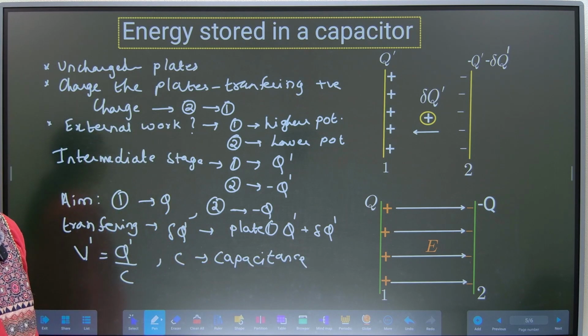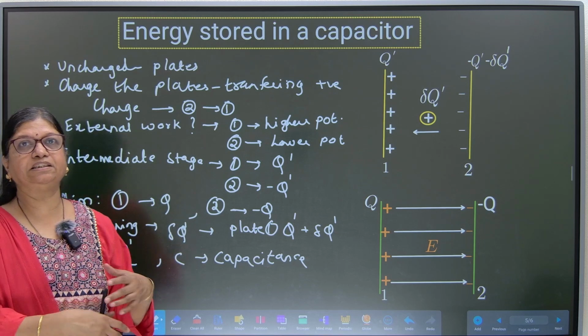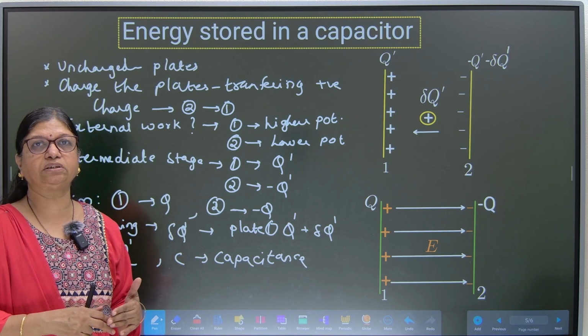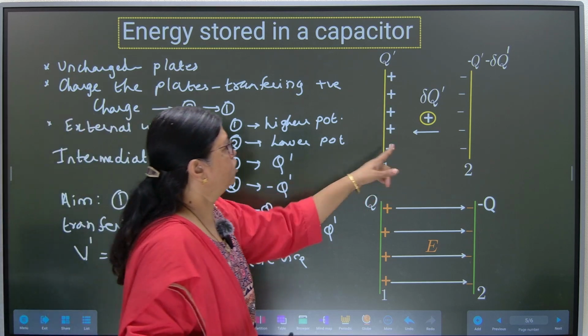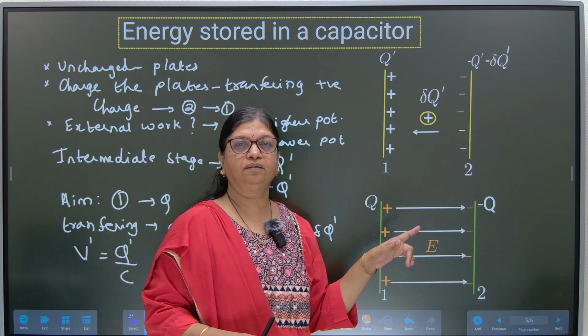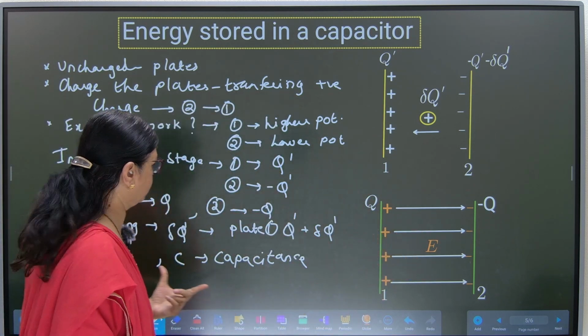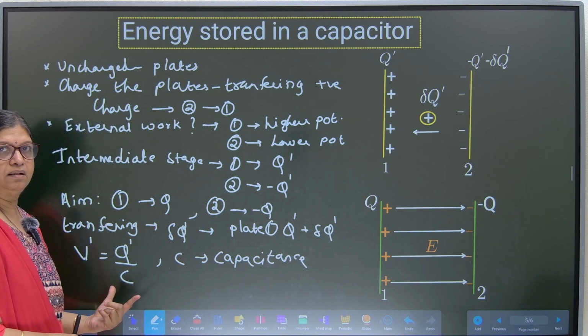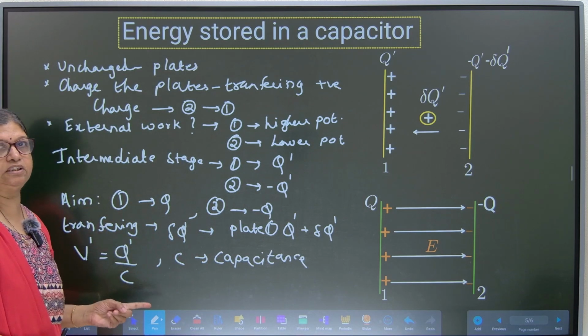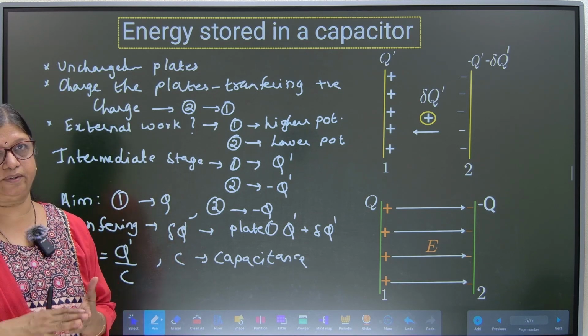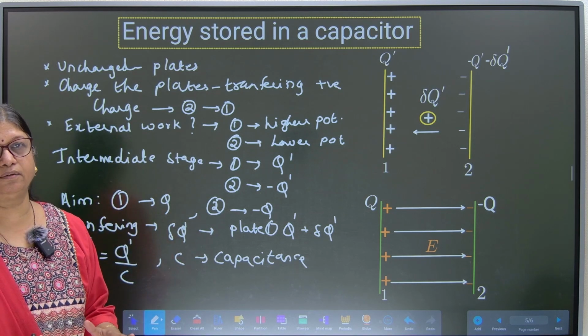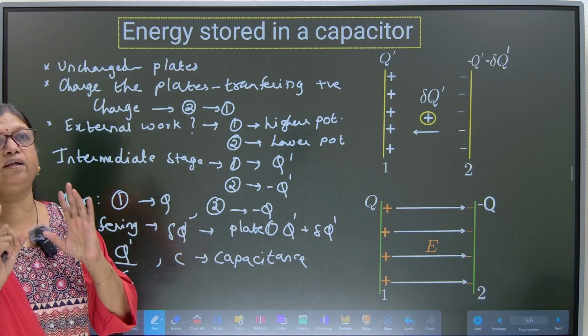Fine. Okay, so we are transferring delta Q dash from conductor 2 to the conductor 1, and we have a potential difference of V dash is equal to Q dash by C. So we are doing a work. How much work? Let us find out.